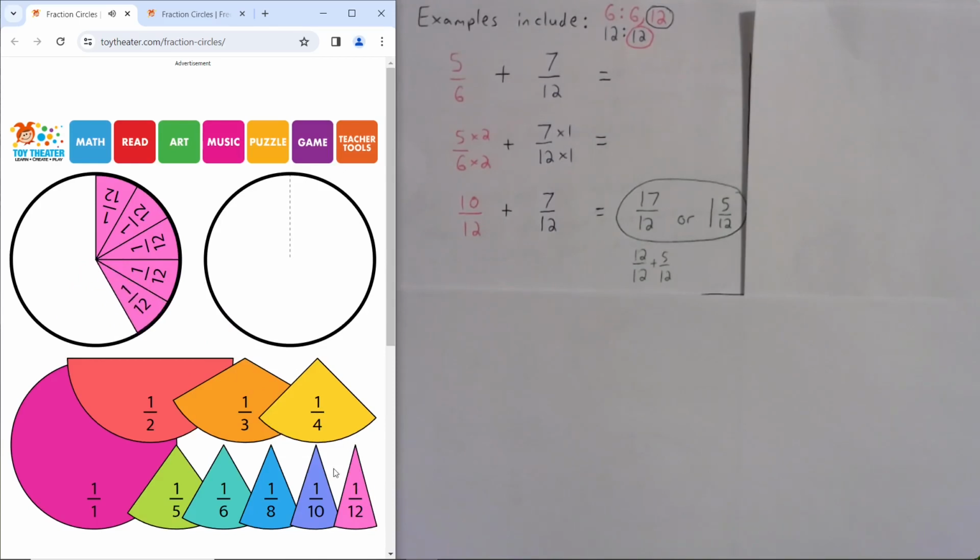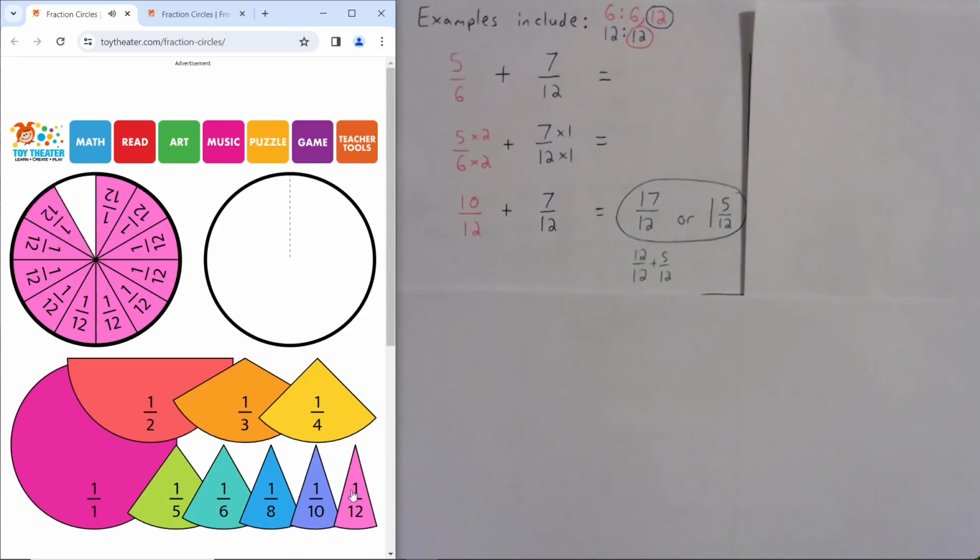So what I'm doing is I'm building up the fraction of 10 parts that are each 1/12 in size. There we go. 1, 2, 3, 4, 5, 6, 7, 8, 9, 10. So that's 10/12. And then I'm going to add 7 parts that are each 1/12 in size to that.